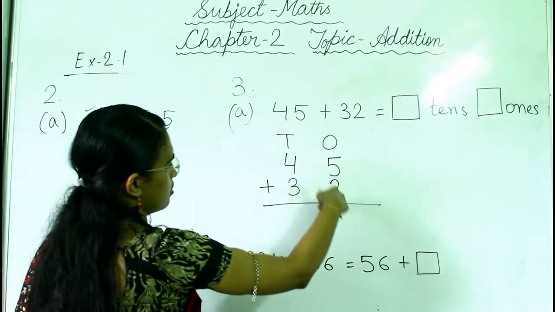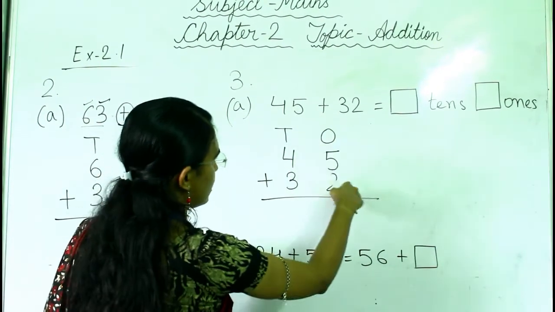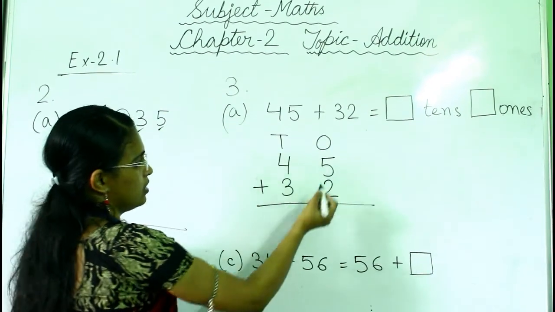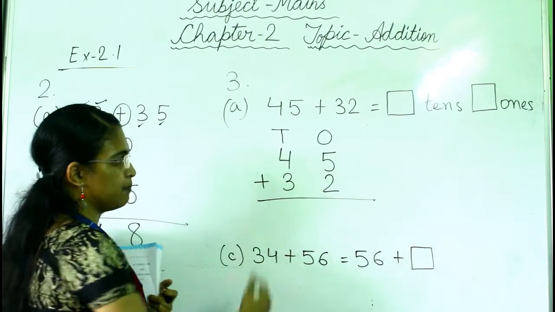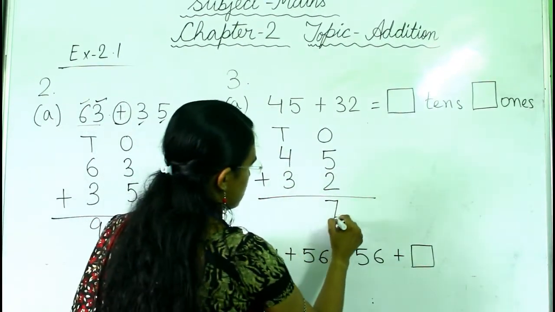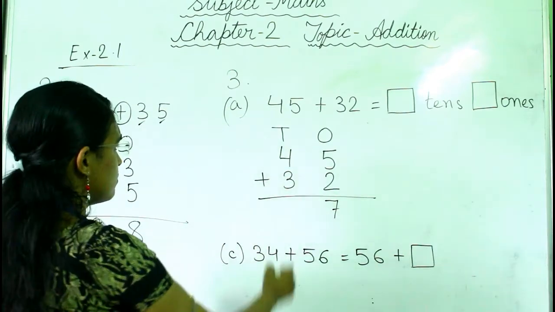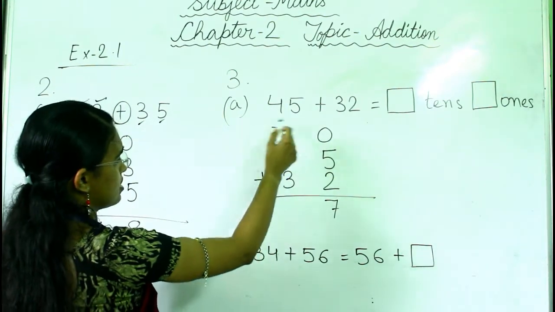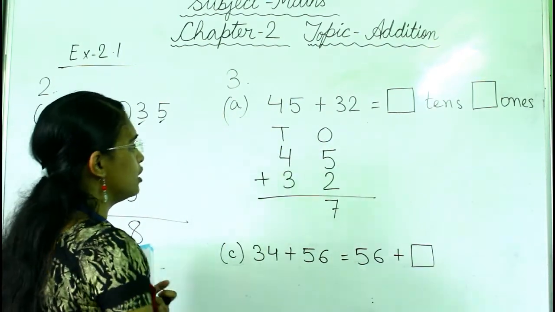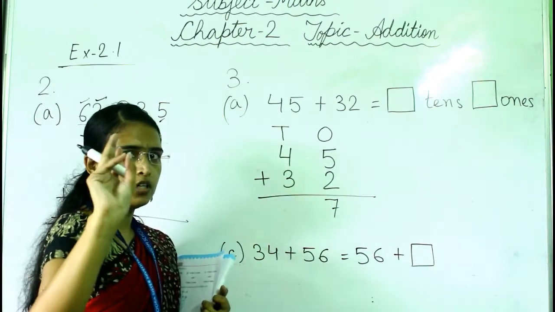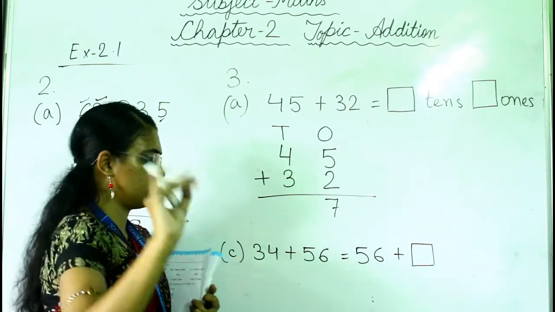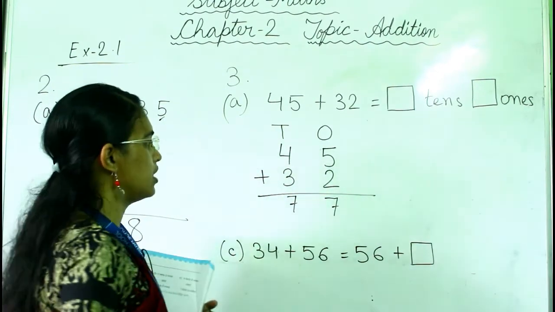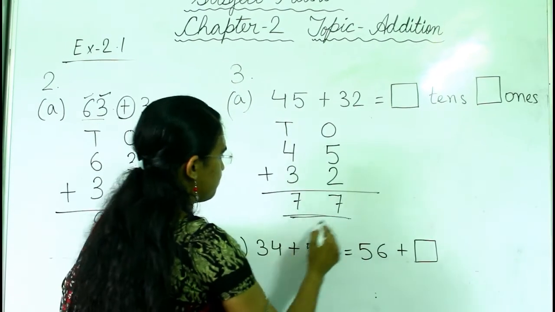After this you have to add the ones place number, that is 5 plus 2, 7. Then you have to add tens place number. Okay, 4 plus 3, this is 4, then 3, 5, 6, 7. So the answer is 77.